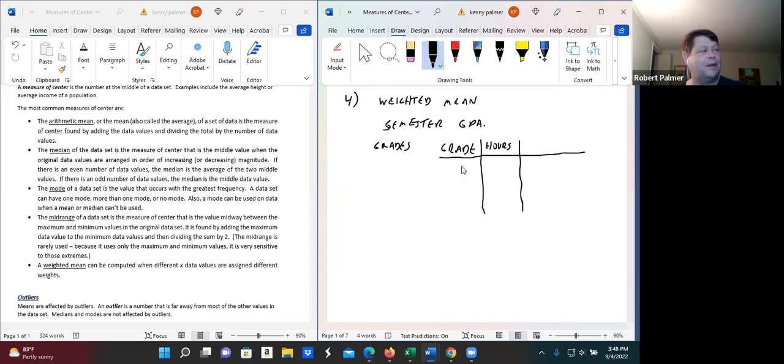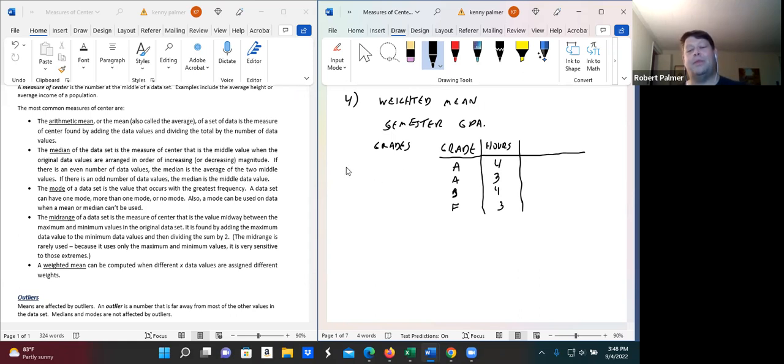So let's say a student got an A in a 4-hour course, also another A in a 3-hour course, a B in a 4-hour course, and let's say for some reason did badly, got an F in a 3-hour course. Okay, so we want to find the GPA, and once again, this is a weighted average because the grades are weighted.